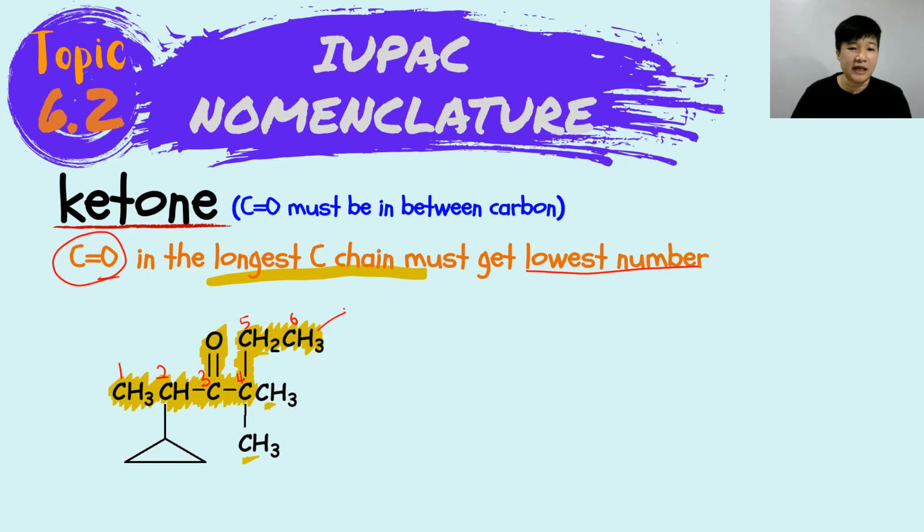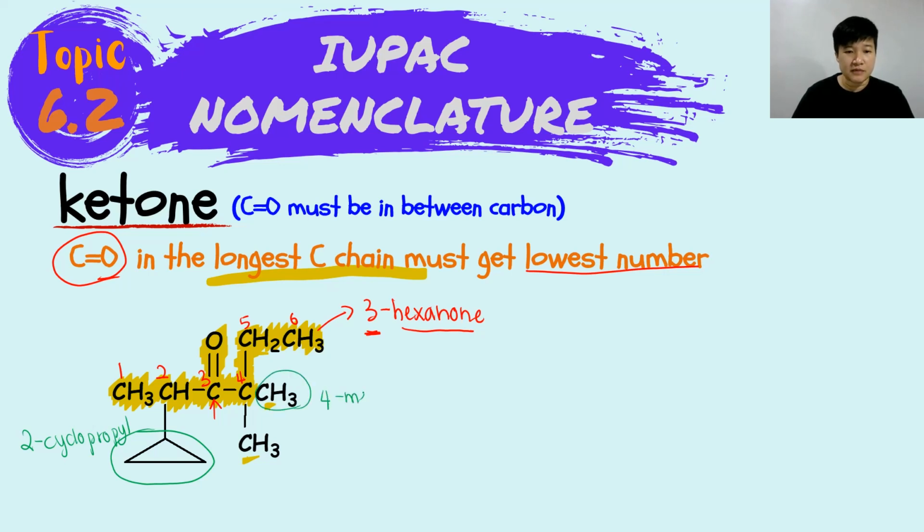So the parent name will be 3-hexanone. 6 carbon ketone with the C double bond O at carbon number 3. Next, the substituents that we have, the first one, 2-cyclopropyl. Another one, 4-methyl, and another 4-methyl.